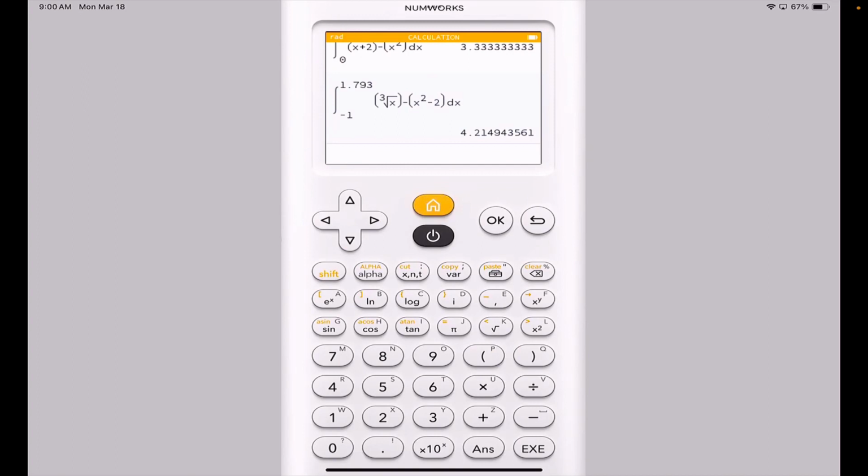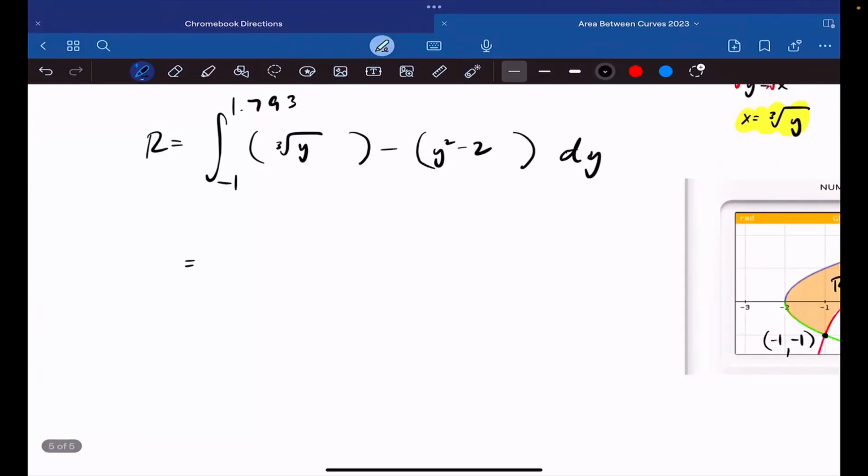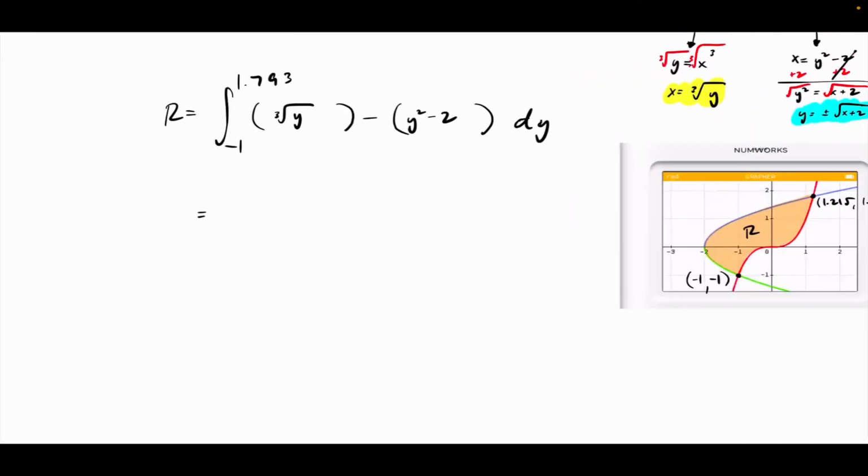There's no exact version of that, so we're going to have to round. Like 3.3333, there is an exact version, 10/3. There is no exact version of this. So we'll just say 4.215, and that's it. And you're done.